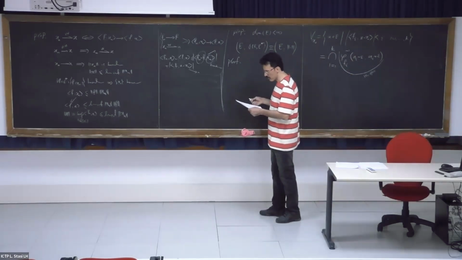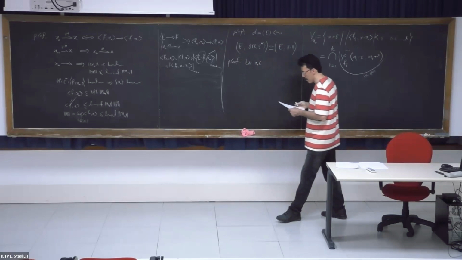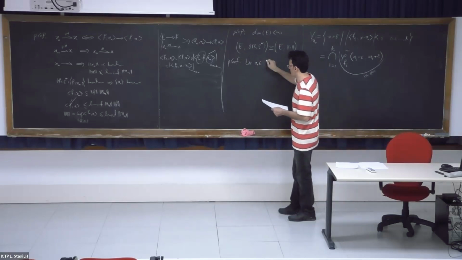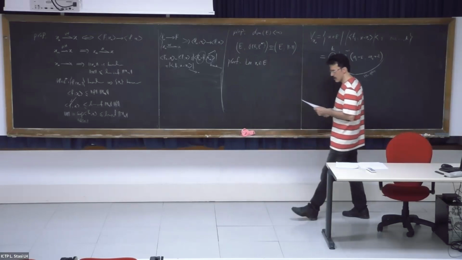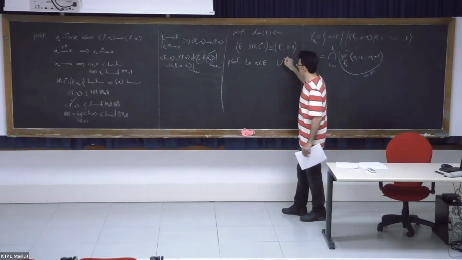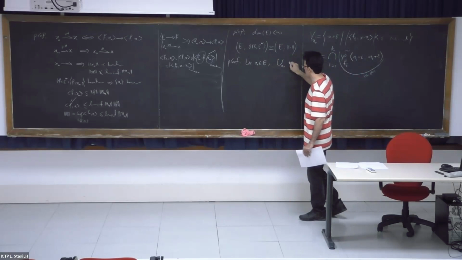So let x0 be an element in E, and we consider a neighborhood U of x0 in the strong topology.